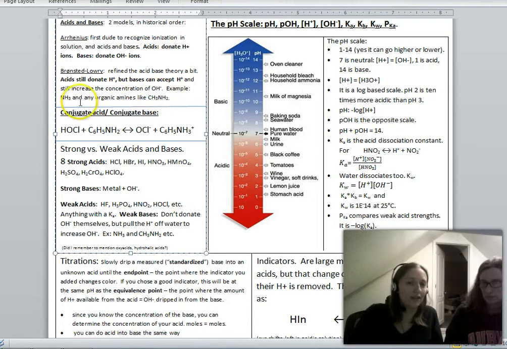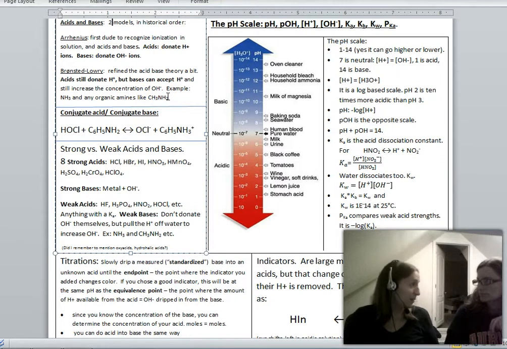Ammonia does that, and then there are some other bases that are organic bases that start with some carbon something. It could be meth, eth, prop, any of those organic chunks with an NH2 on the end, and that's an amine. And so they're kind of related to proteins and amino acids.